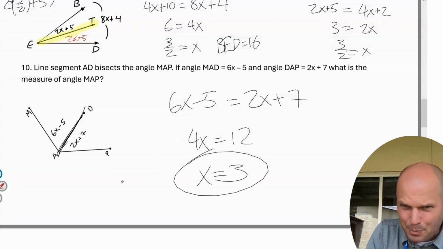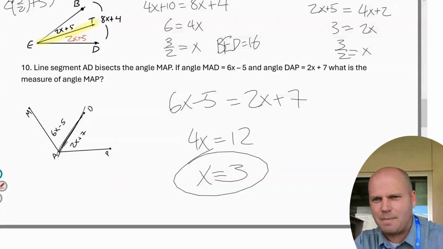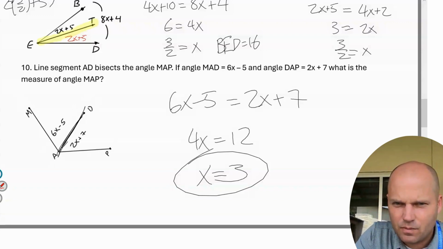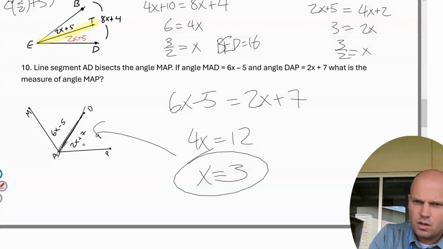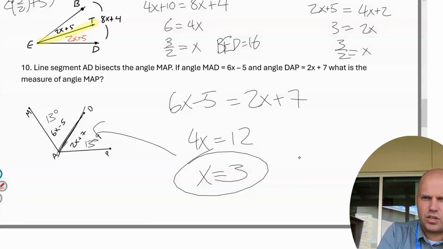What's MAP? It's double DAP, double MAD. It's MAD plus DAP. DAP is 13 degrees. MAD is 13 degrees. Doubling that is 26 degrees.